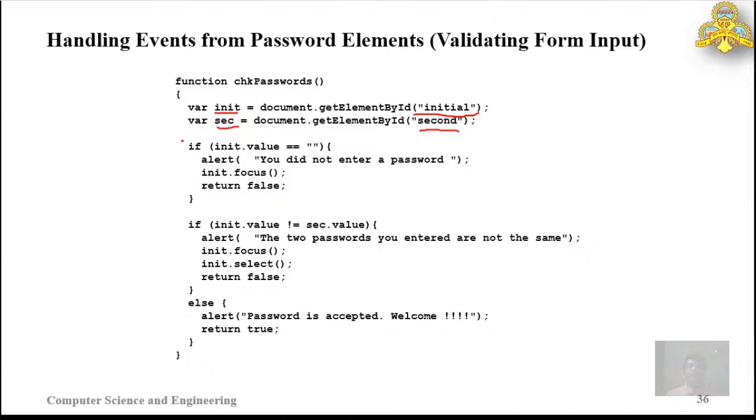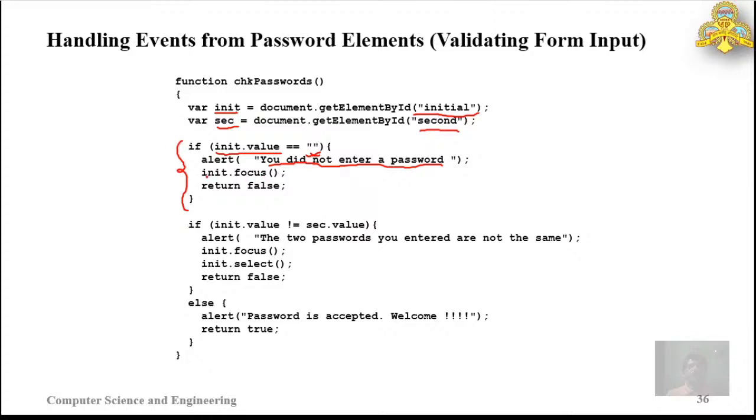See, this is the first test. If the init.value, that is the text returned through the getElementById, is equal to a blank empty string, then the message is shown: you did not enter a password, and focus goes back to init.